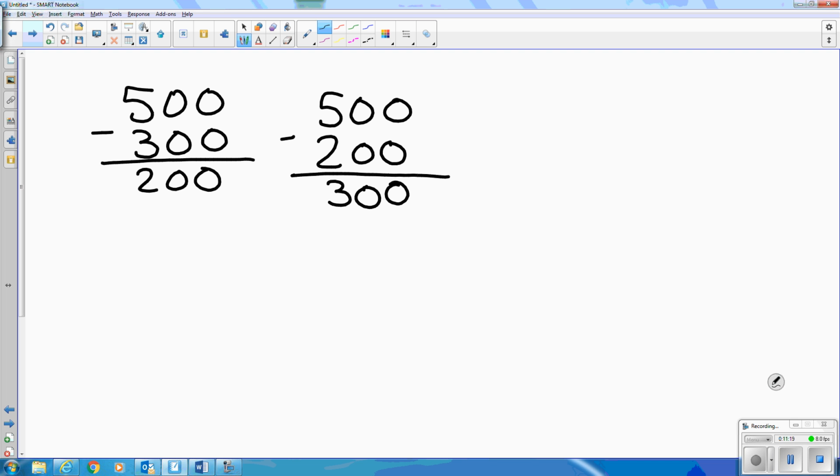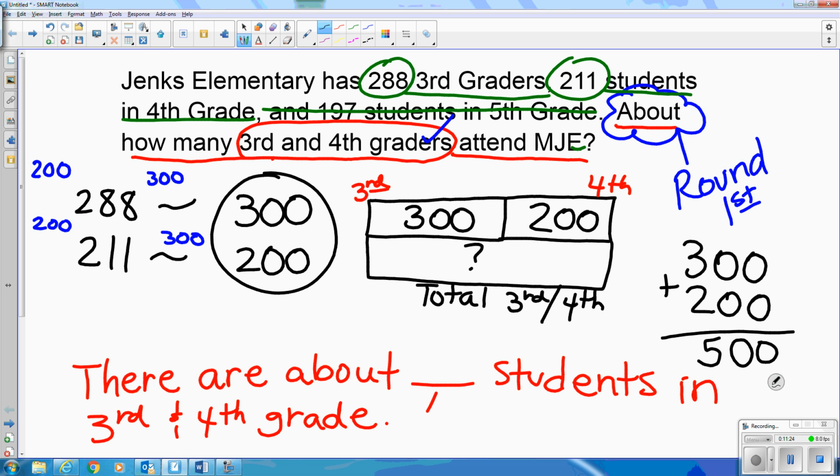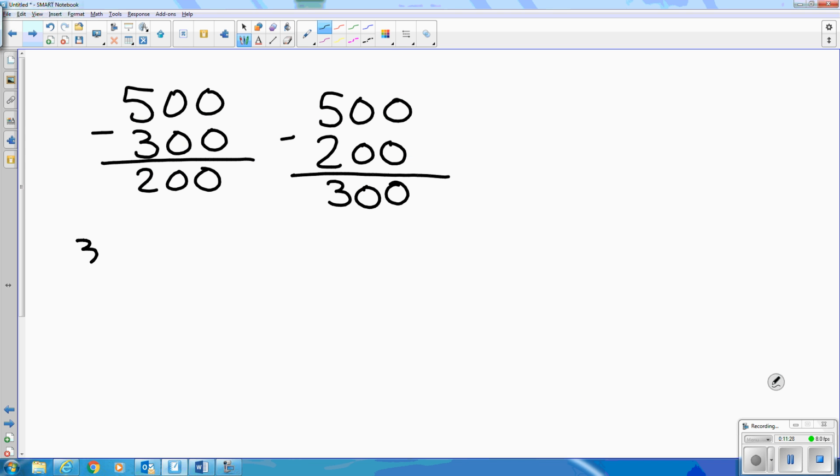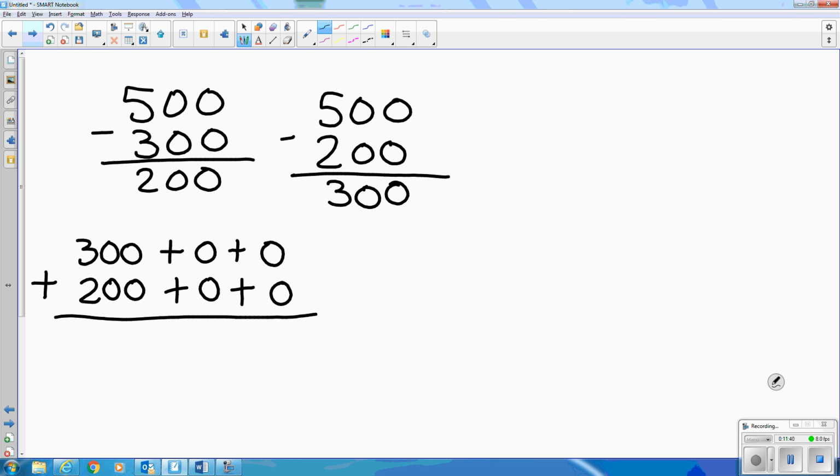Remember our problem is 300 plus 200. 0 plus 0, and 200 plus 0 plus 0. So if we decompose that, and we know when we compose that back together, what do we get? 500. Okay.